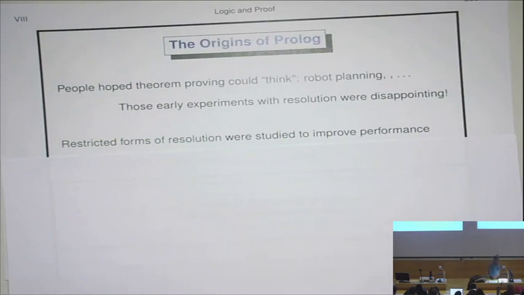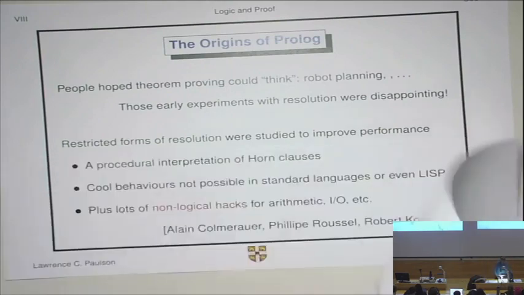And as I think I hinted a while back, we now have a very powerful way of restricting the resolution rule called superposition. And this is the key to all the really powerful theorem provers you can download today. But they hadn't thought of it then.